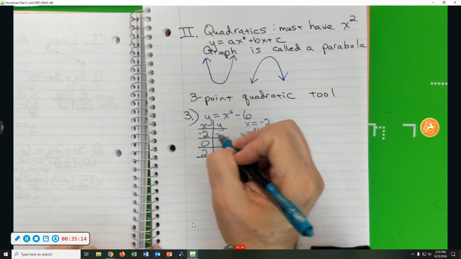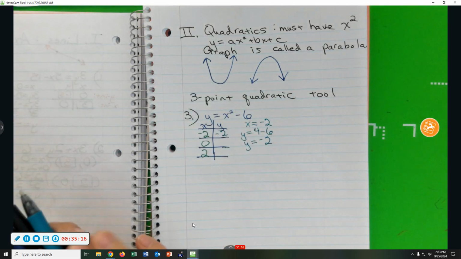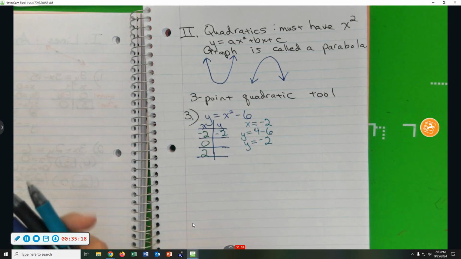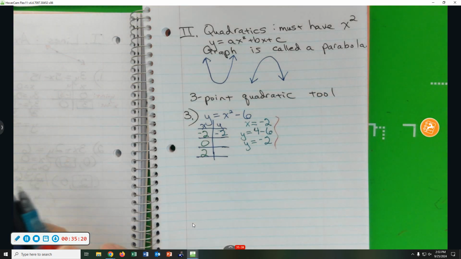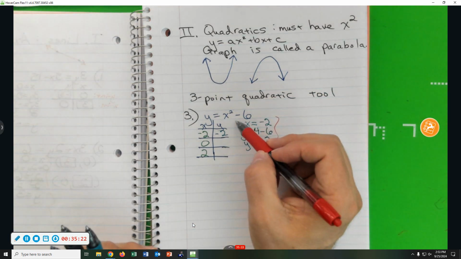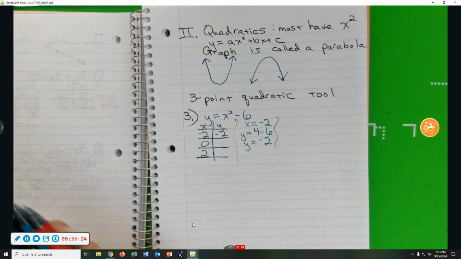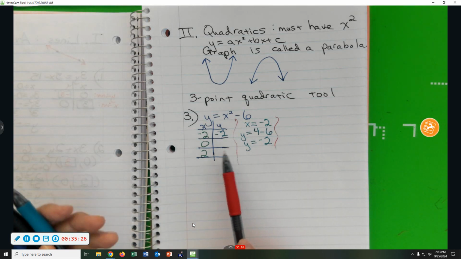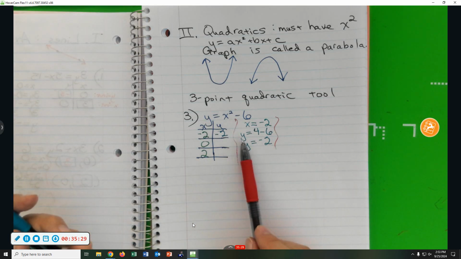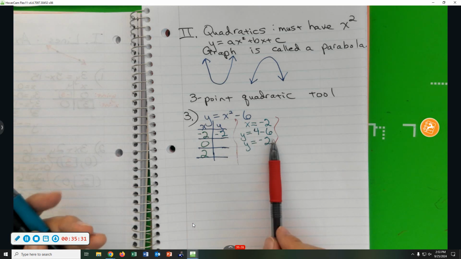So there's my first ordered pair, negative 2, negative 2. I put the little squiggly marks so hopefully you can tell. Here's the table. Here's where I plugged in negative 2.